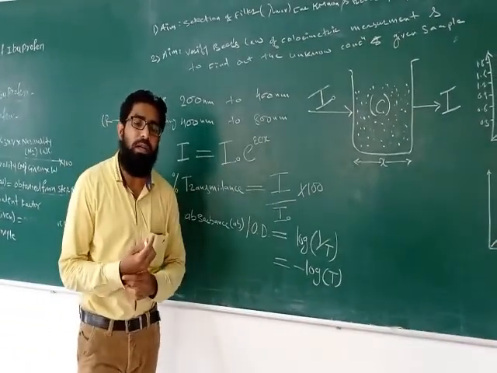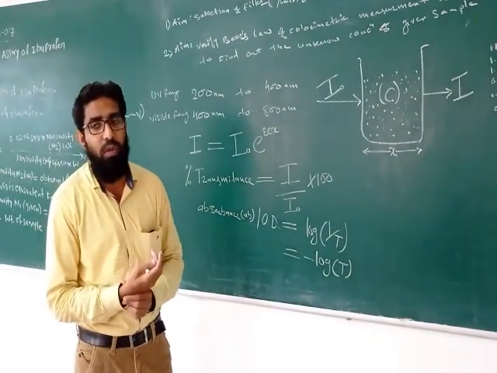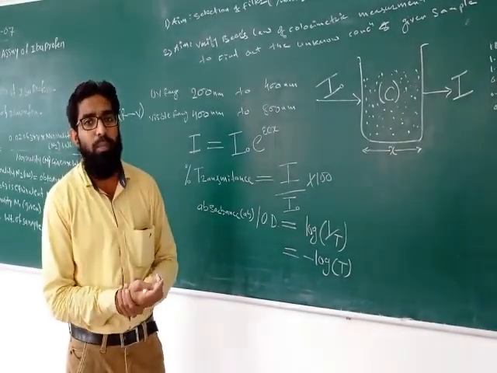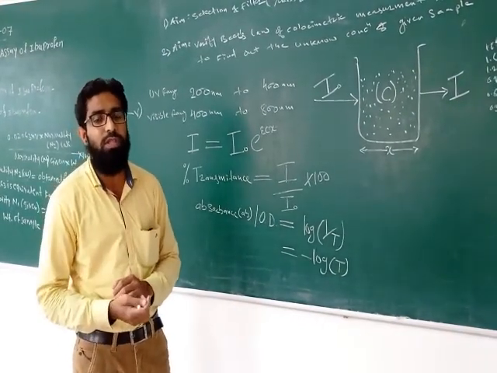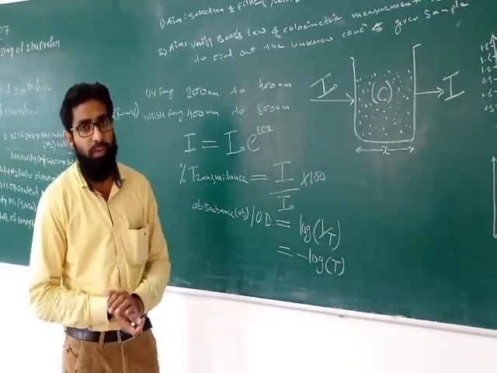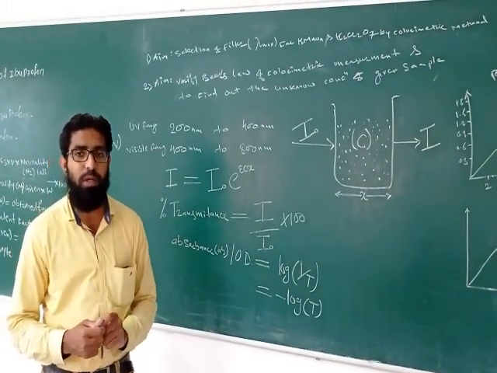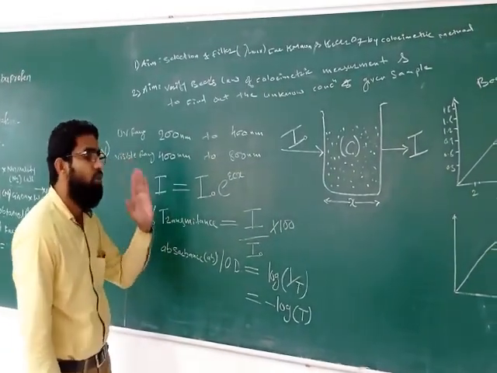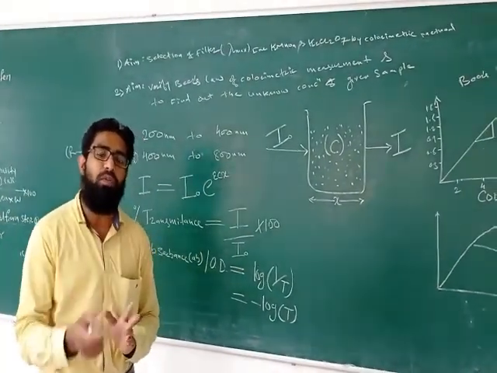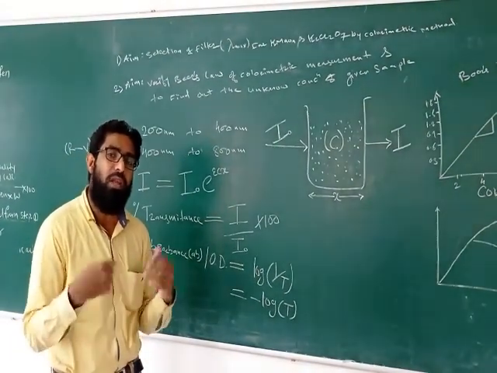There are two methods and two instruments available through which we are going to perform these experiments, utilizing the basic principle of UV spectroscopy. In the UV spectrophotometer, we can analyze compounds in the range of 200 to 800, whether the compound is colored or colorless.